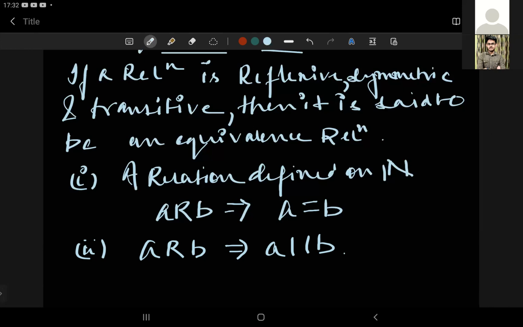Okay. Likewise, let's say a relation defined on the set of integers Z, x R y implies x minus y is even. Is it an equivalence relation? Should I write it? Yes, yes.